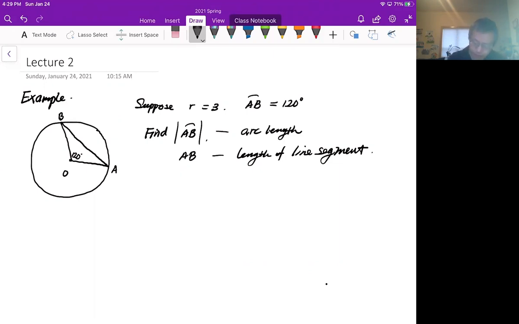Everyone's okay, right? That's a definition from the previous time, right? The measure of the arc AB is the same as the central angle AOB. So this angle is 120, and the two sides are 3 and 3. And then we are looking for the following, right? So let's see how we can get that.